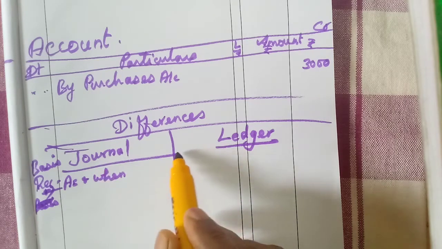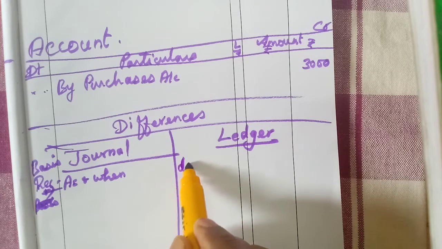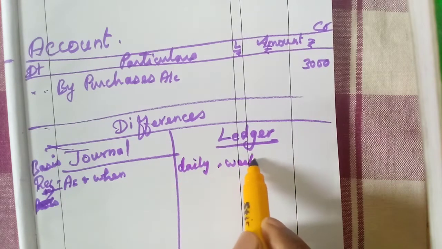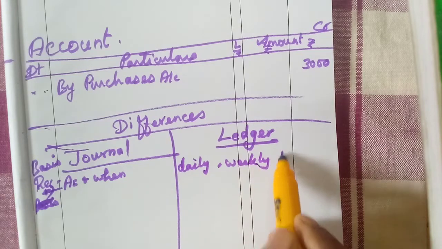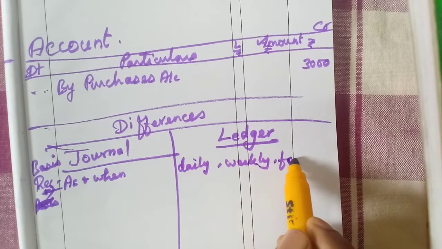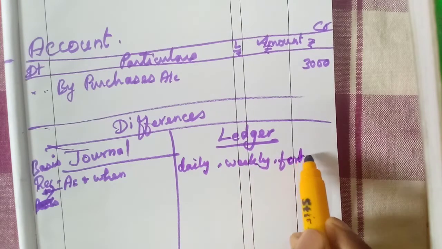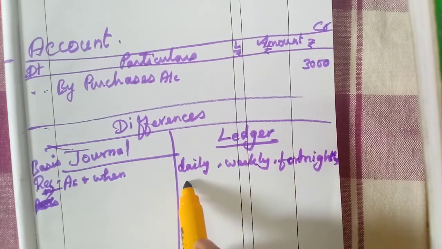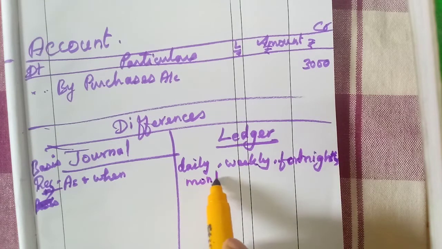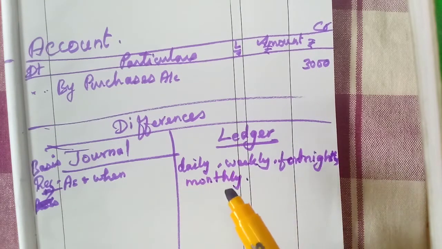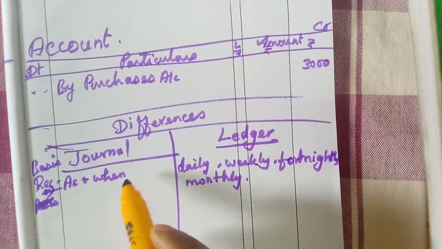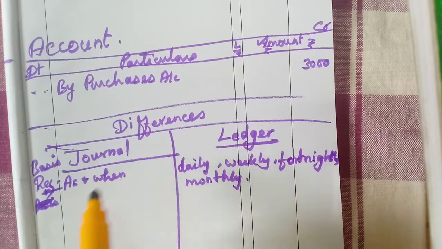Here, posting may be done daily or weekly, then once in 2 weeks, that is called fortnightly, or monthly. As per the wish of the organization, they will do. Okay, recording takes place whenever the transaction takes place.